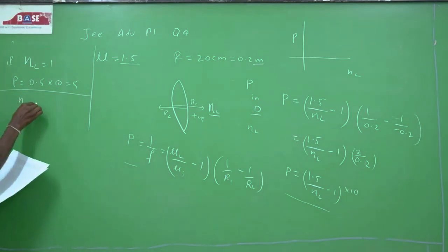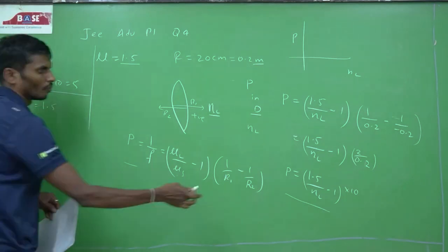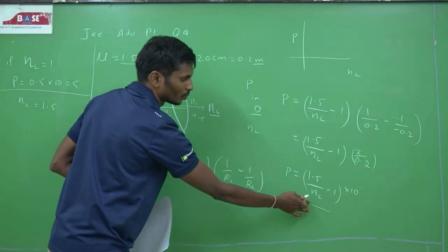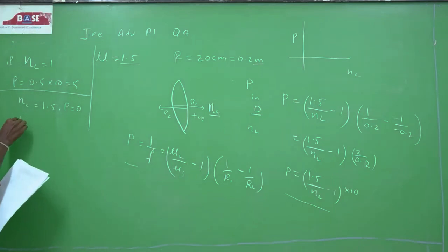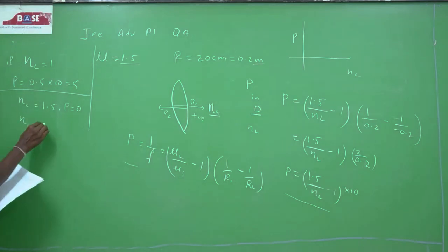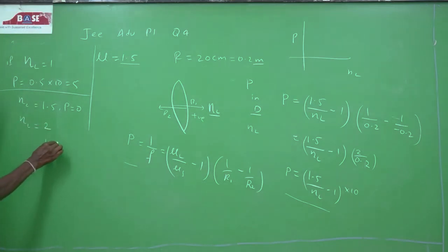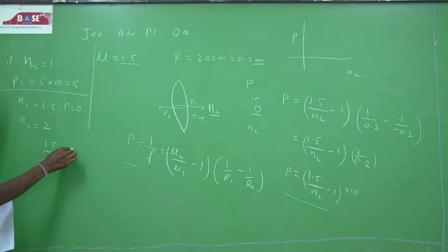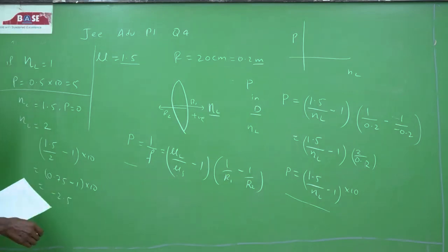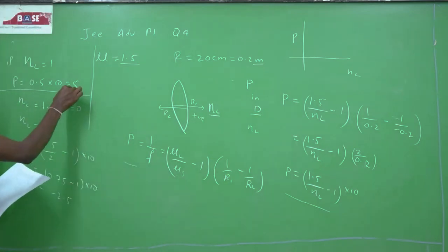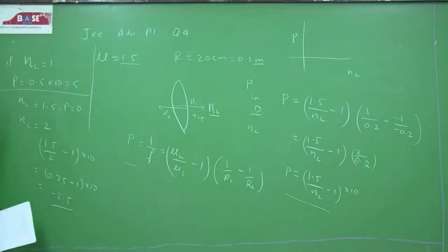If we substitute NL as 1.5, 1.5 by 1.5 is 1, 1 minus 1 is 0, power will be 0. If we substitute NL as 2, 1.5 by 2 minus 1, into 10, that is 0.75 minus 1 into 10, that is minus 2.5. So the graph should start with 5, then 0, then minus 2.5.